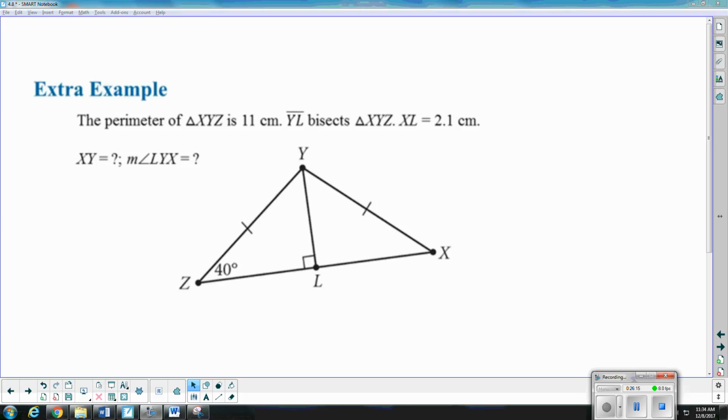And then we also know that YL bisects, this should say angle XYZ, and we know that XL is 2.1 centimeters. All right, so let's just mark what we know.